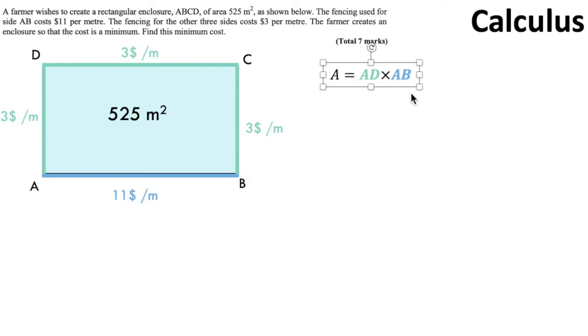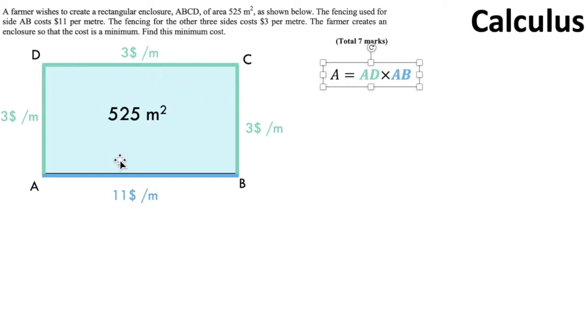But now what we want to do is make an equation for the price of each of the sides, because you can see each side has a different price. You remember the steps that we used every time for optimization.